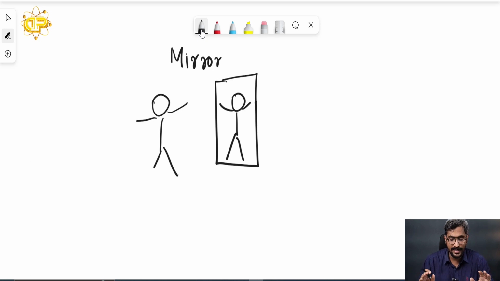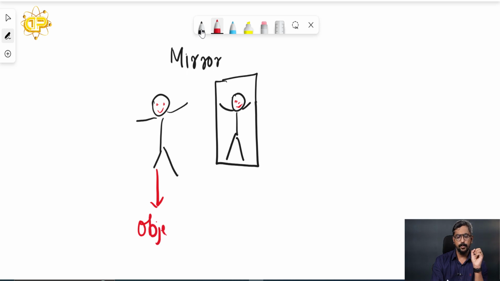Well, before starting the mirror portion, you need to study certain terms. The first and foremost thing is that in this picture you can see a man standing in front of the mirror. Any object which is placed in front of a mirror is known as an object.